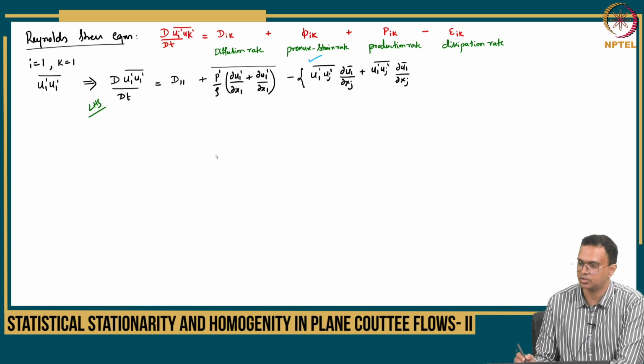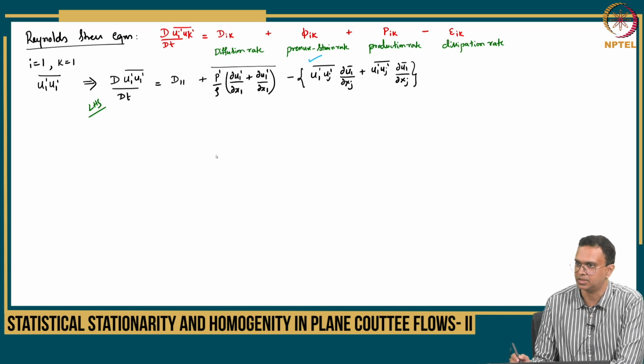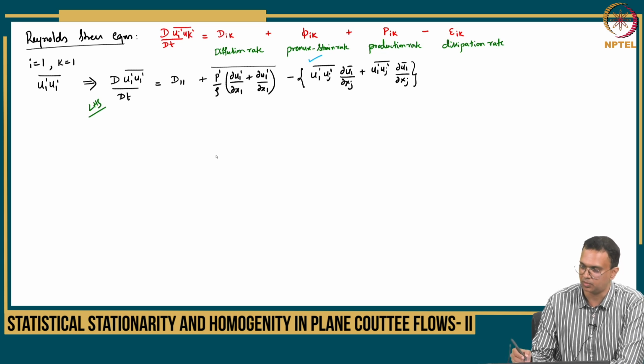So I basically get minus 2 of this. I am only expanding from the previous equation, setting i equal to 1, k equal to 1.